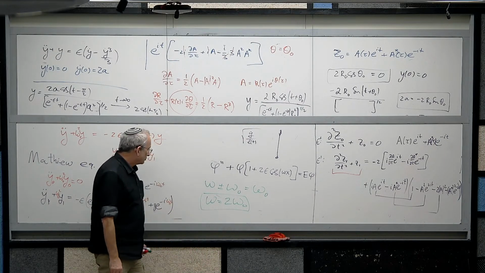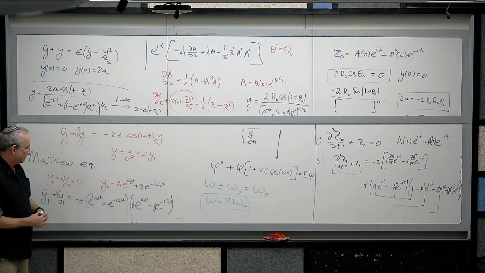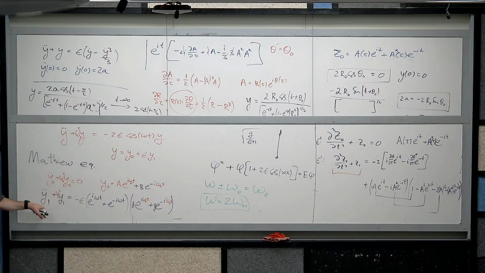Now, suppose that omega is not 2 omega naught, so you can solve it, and this will be okay.